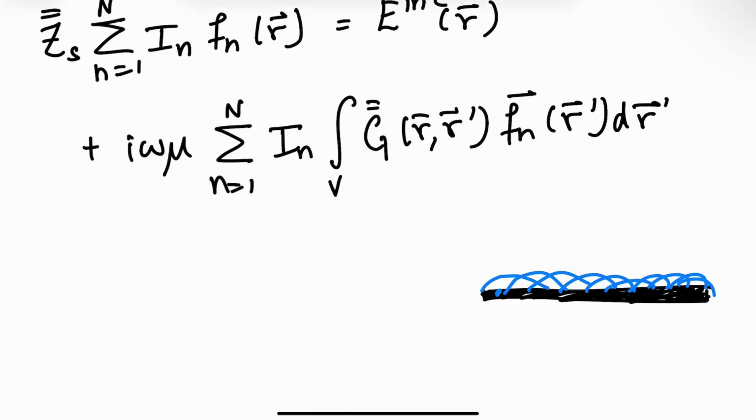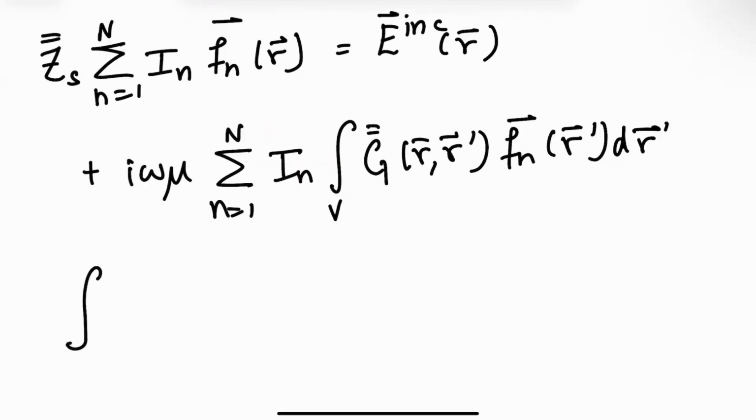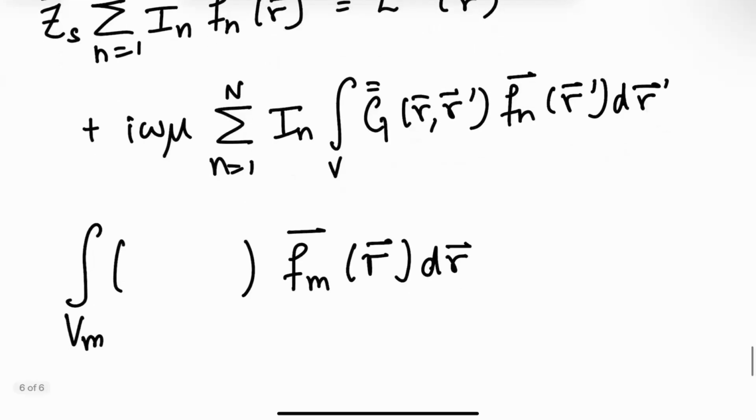Okay. So what is this weighted average? I will evaluate this relationship by taking a weighted average over another set of functions, Fm at R dR, on both sides. These are called your testing functions or weighting functions.